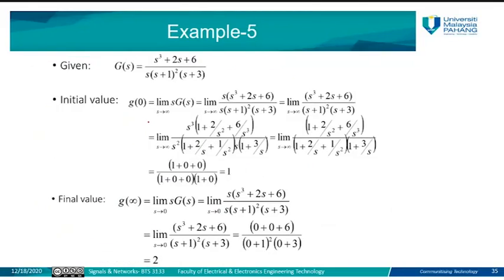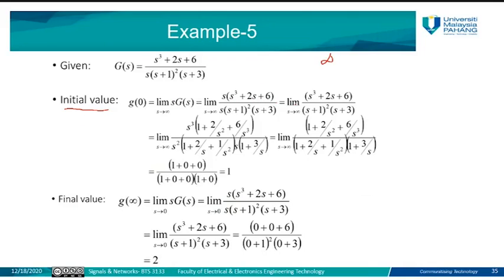So for example 5, we are going to repeat the same application for the initial value and the final value, but for another function, G(s), which is equal to s cubed plus 2s plus 6 over (s plus 1) squared times (s plus 3). The same as before, when you want to apply the initial value, you multiply the function here by s, and then you make a little modification to the function in order to avoid calculating infinite values.